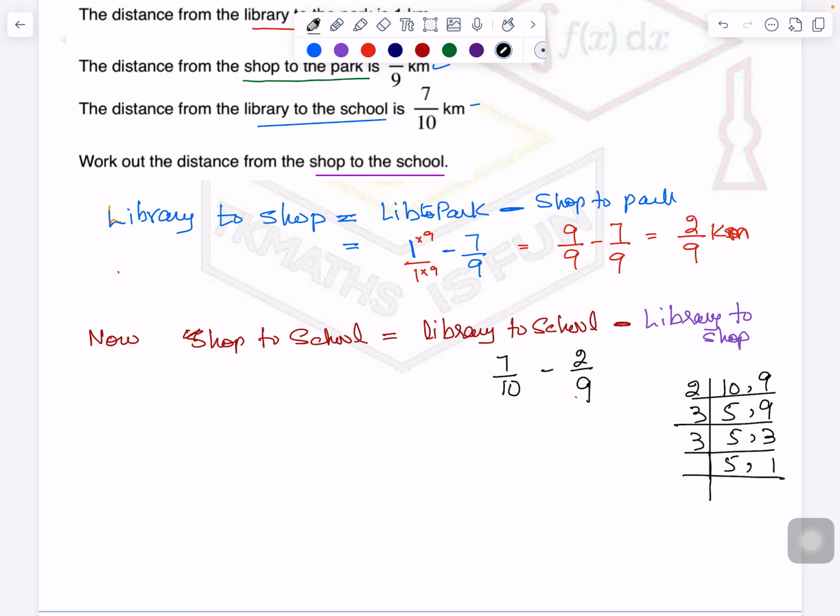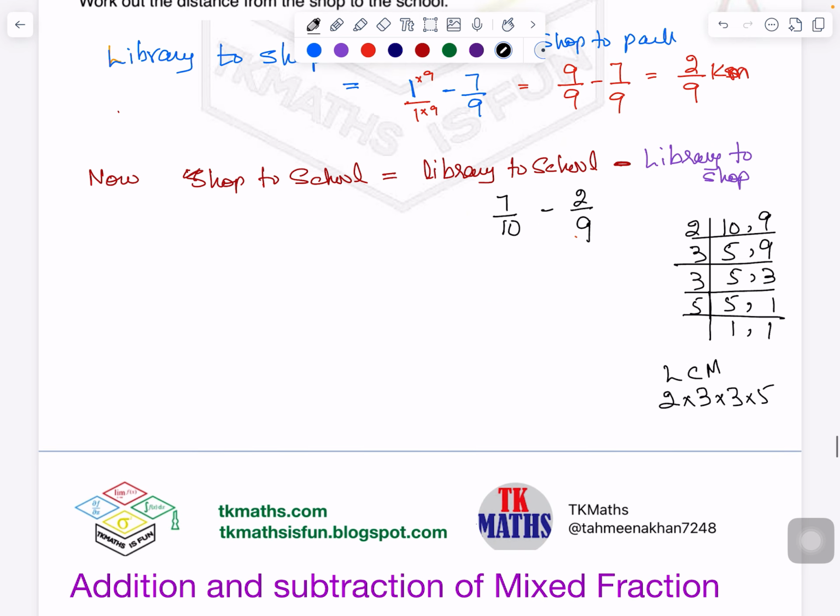It doesn't come in the table of 4, so go to 5. So now my LCM is 2 3 3 5. So let's multiply. 2 3s are 6, 6 3s are 18, 18 5s are, I also don't know, so let me find out. 5 8s are 40, 90, right?